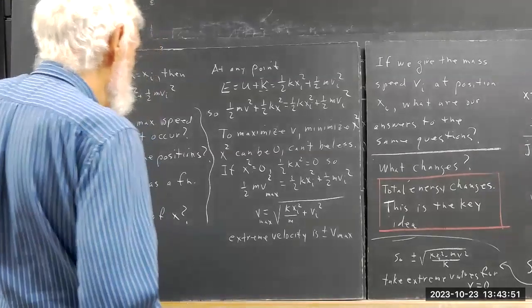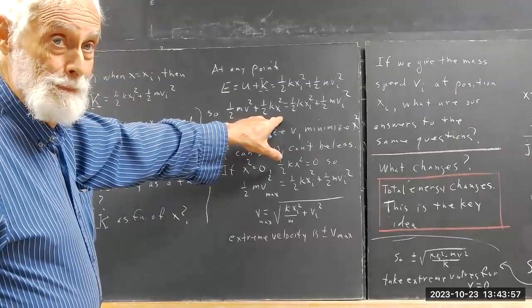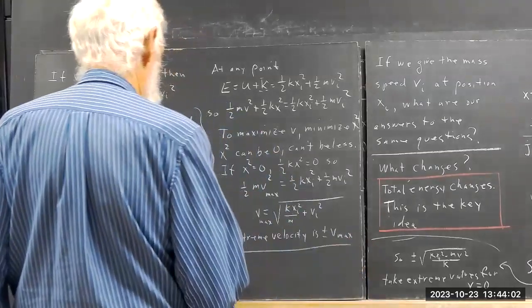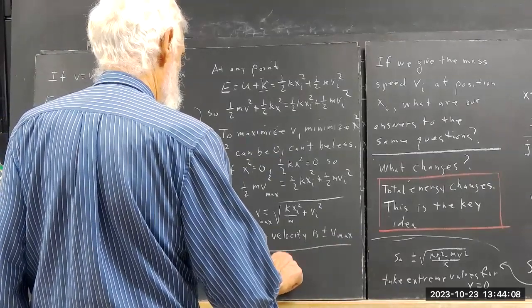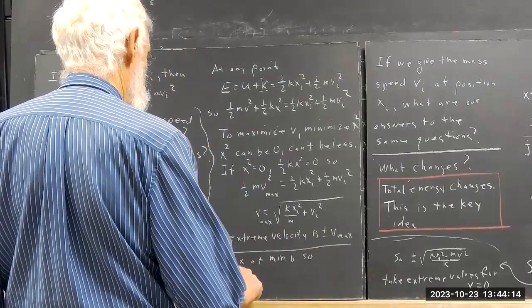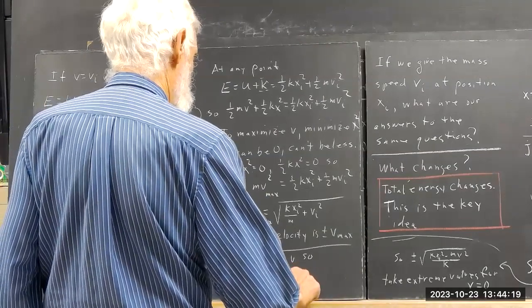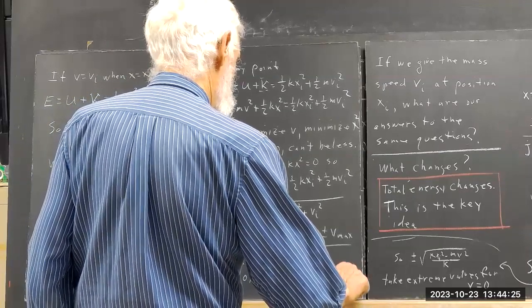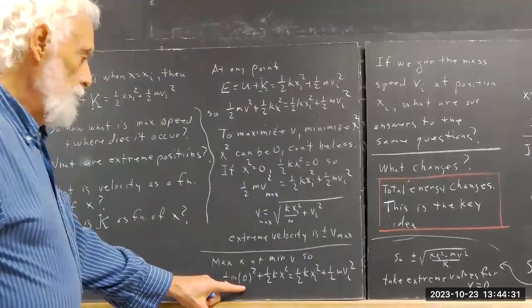If you want to maximize X, you've got to minimize V, right? So V is 0.